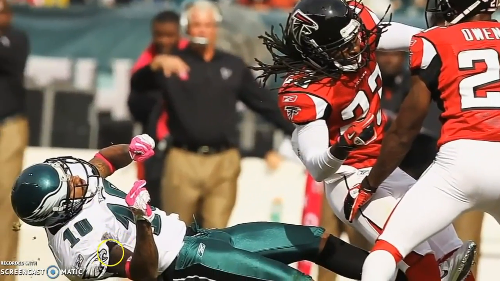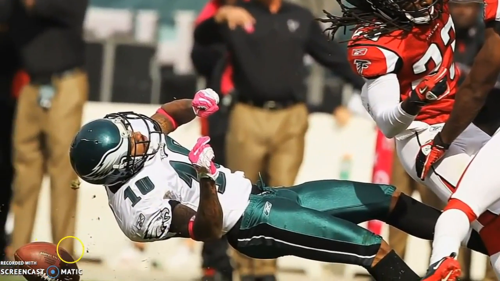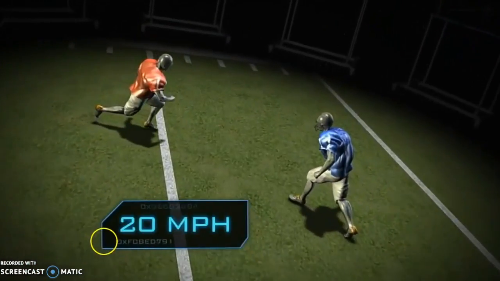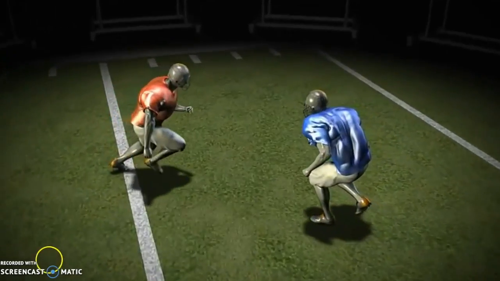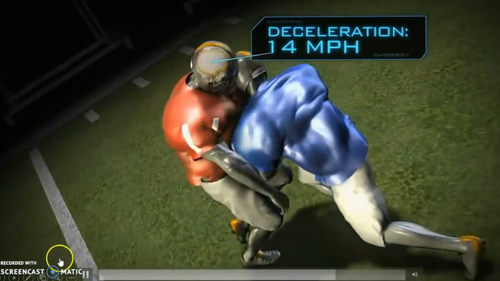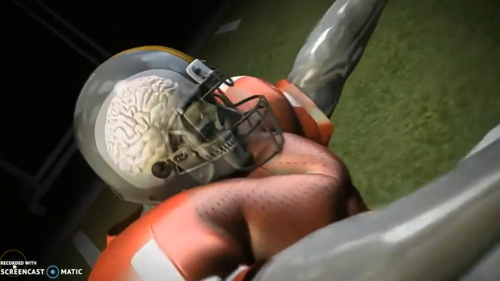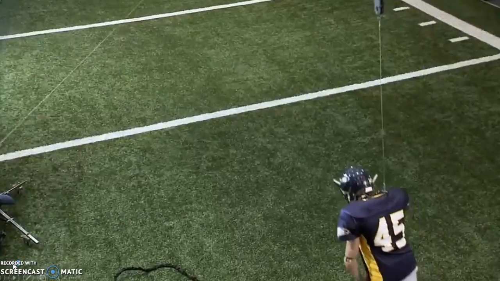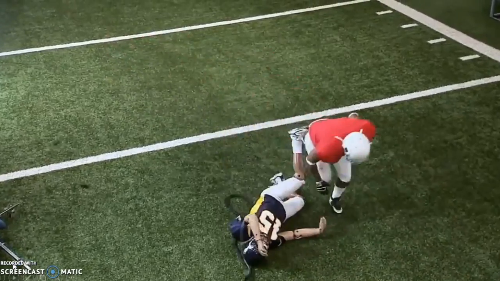In the NFL, the average speed of a head-to-head impact, the velocity of both heads combined, is 20 miles per hour, with the struck player's head decelerating 14 miles per hour. According to studies done by Sports Science's chief medical advisor, Dr. Basil Eich, this 15 millisecond impact is equivalent to getting smashed in the head with a sledgehammer.